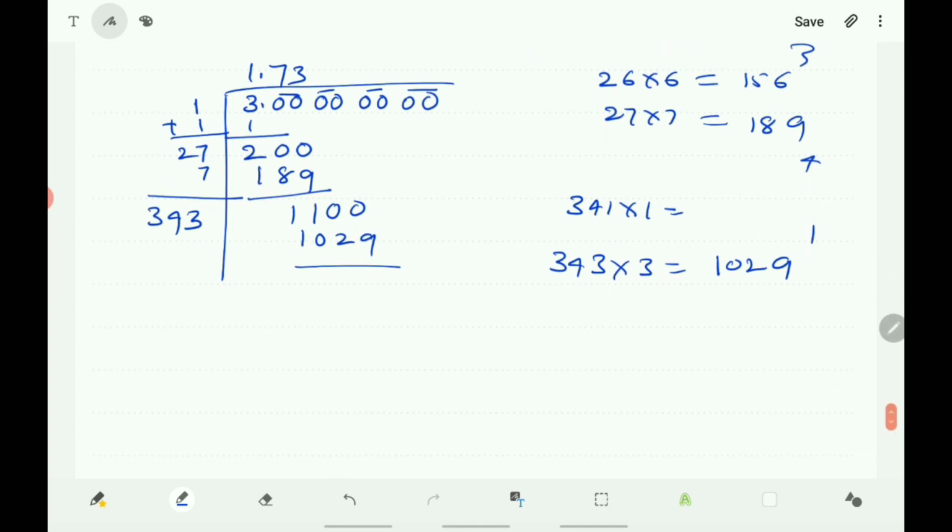Next, if you subtract 1029 from 1100, 10 minus 9 is 1, and 9 minus 2 is 7, and here it is 0, 0. Next, you take the next group. Here you add 3, that is 346. Again you put 346. Here it is 7 means mostly you can take 2 here. If you take 2 here, 2 2s are 4, 6 2s are 12, 4 2s are 8 plus 1, 9, 3 2s are 6.